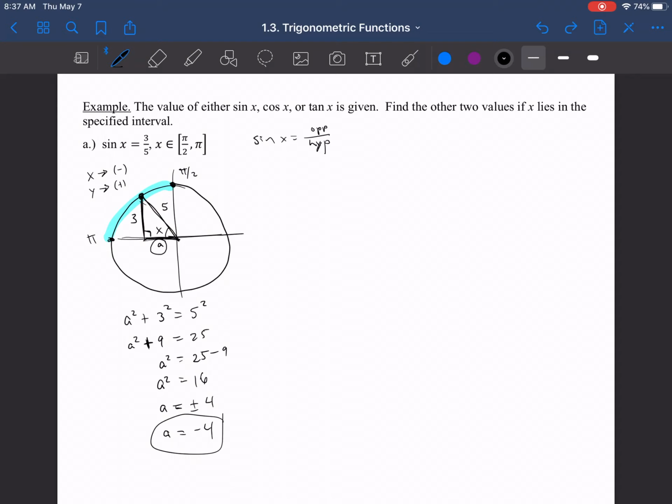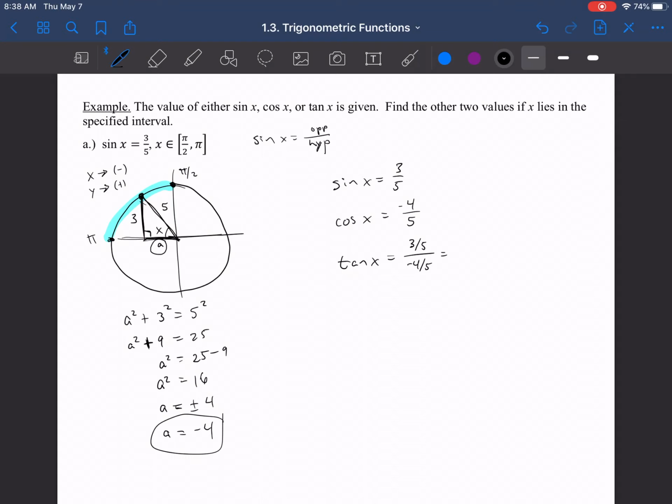So let's write these out now. They told us that sine of x was 3/5. We know that cosine is going to be adjacent over hypotenuse, and our adjacent side is that a, so it's negative 4 over the hypotenuse of 5. And then tangent is just sine over cosine, so it's 3/5 over negative 4/5.